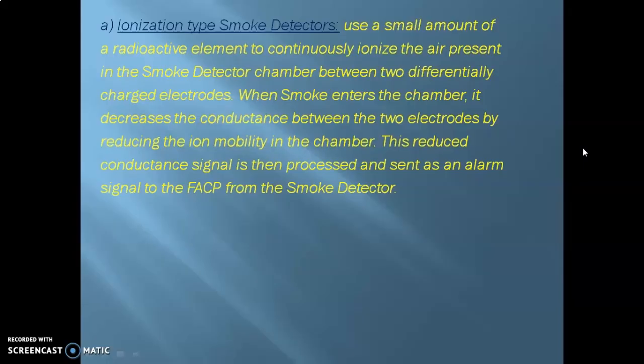Whenever smoke enters the chamber, the conductance between these two electrodes decreases, thereby reducing the mobility of the ions present in the chamber. This reduced conductance is processed as a signal and then sent as an alarm signal to the FACP from the ionization type of smoke detector.